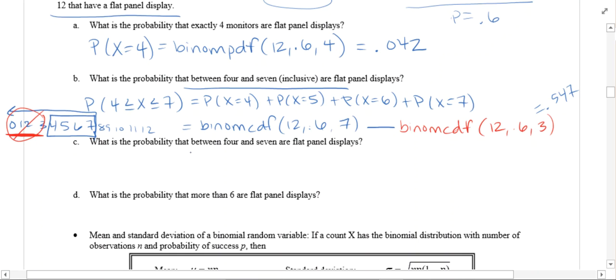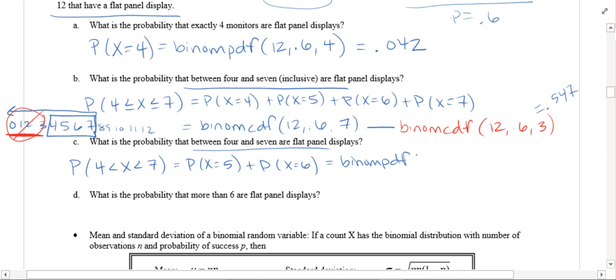Okay, and then for C, between 4 and 7. So we're not including 4 and 7 here. And because this is a discrete probability distribution, that really just means we're talking about 5 and 6. So you can solve it the same strategy we did in part B, or you could just do binomial PDF, the individual one, of 12, 0.6 and 5, plus binomial PDF of 12, 0.6, sorry, I'm running out of room, and 6.